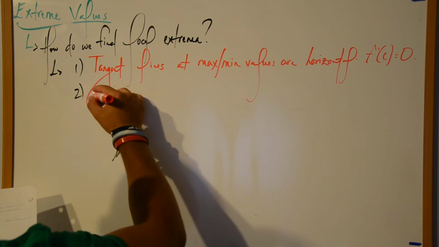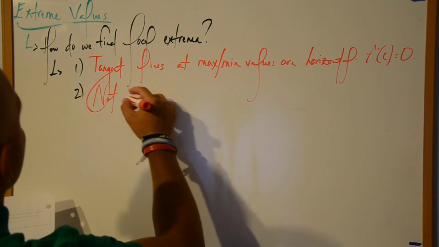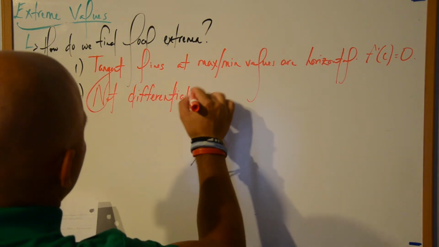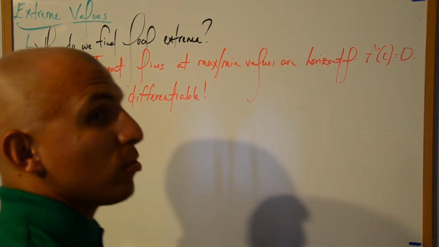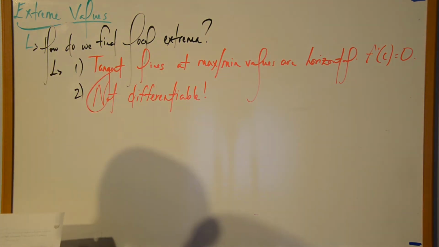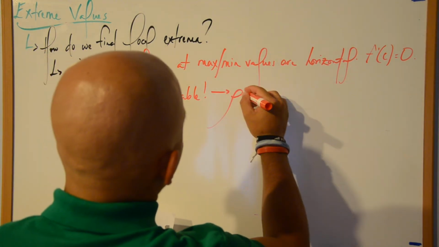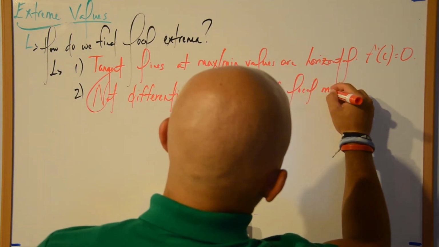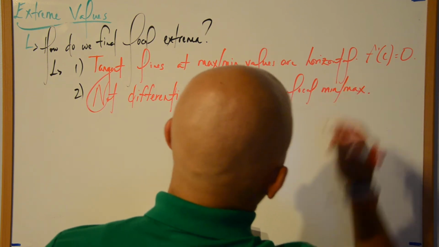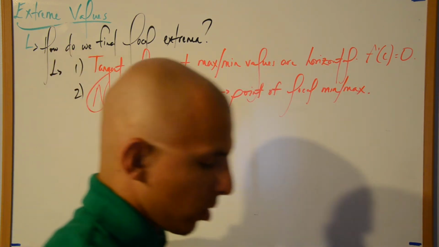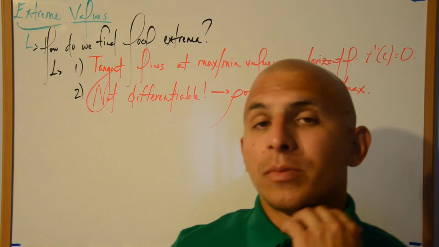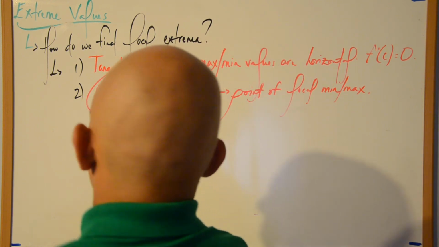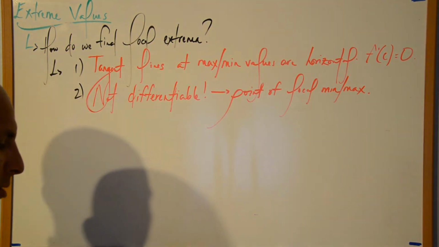And at those points where the function is not differentiable, that's definitely going to be a point of local min or max. And this goes back to our exploration on derivatives when we talked about local linearity. I think middle of the Unit 3 videos, if you want to go back and read through those.